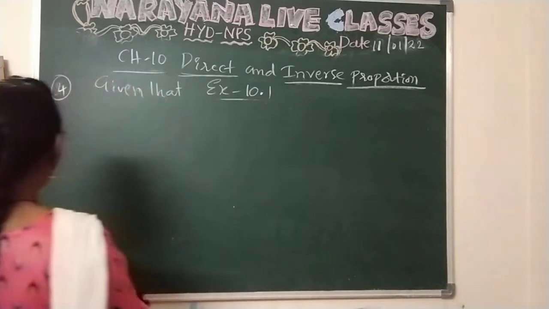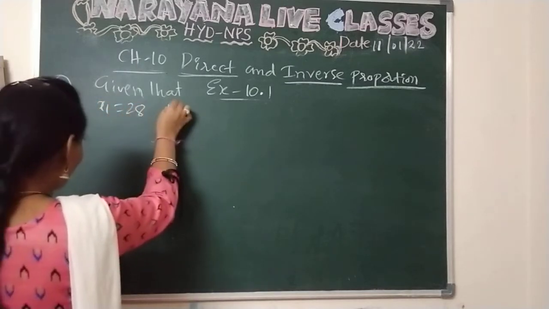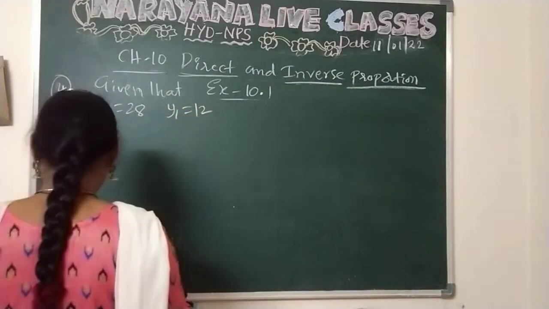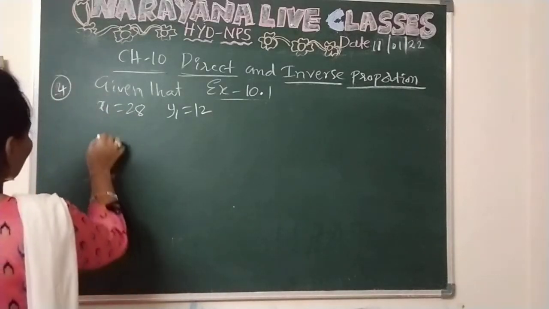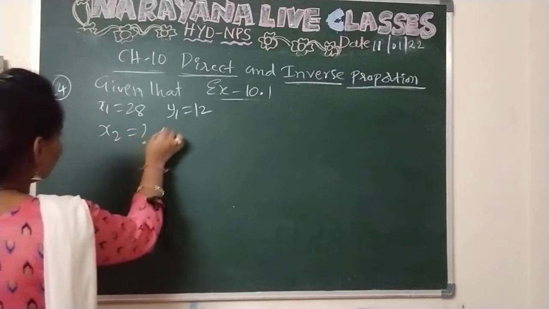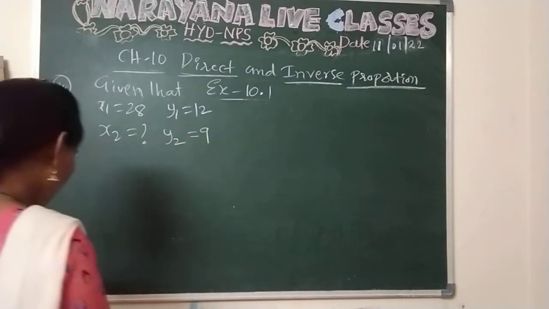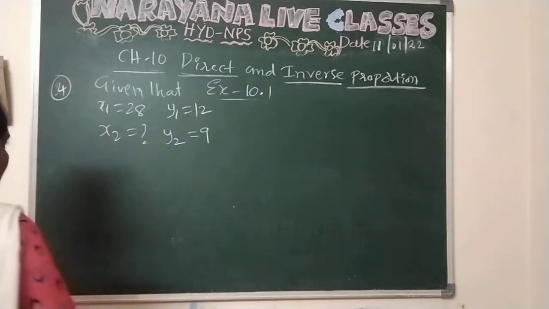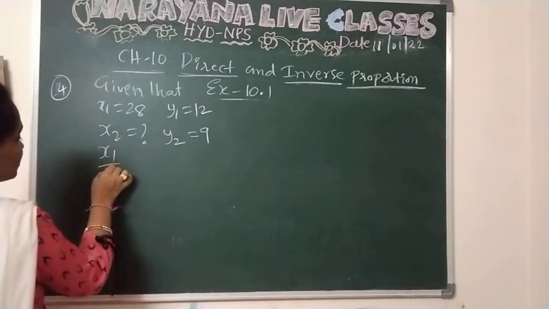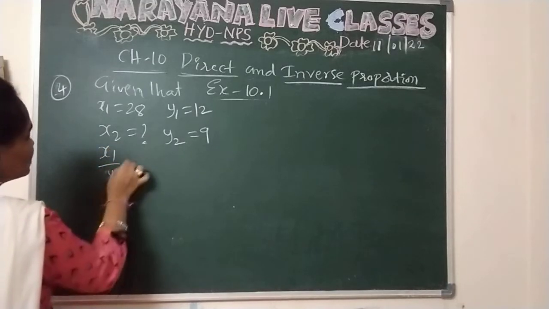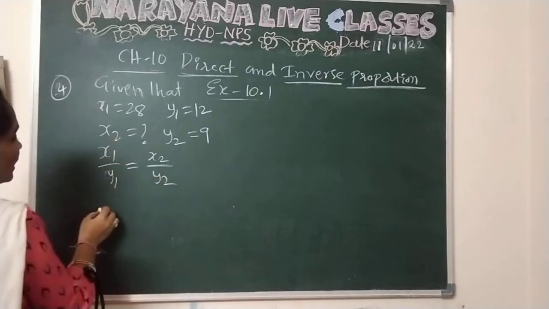So, given information: x1 is equal to 28, y1 is equal to 12. Now x2 we need to find out here. For that y2 is given as 9. Now you can substitute in the formula x1 by y1 is equal to x2 by y2. Now we should find the x2 value.